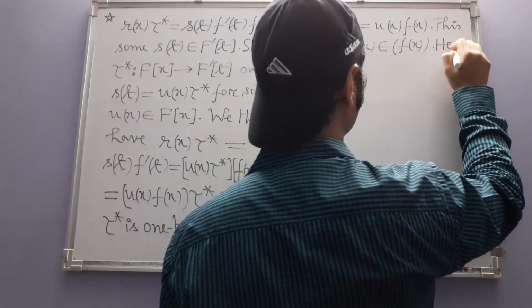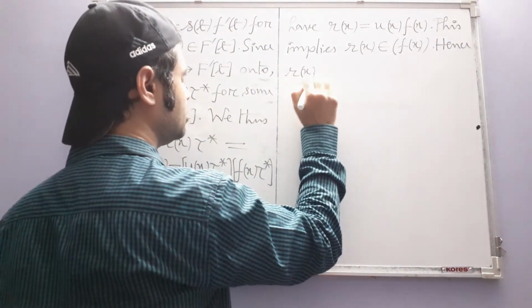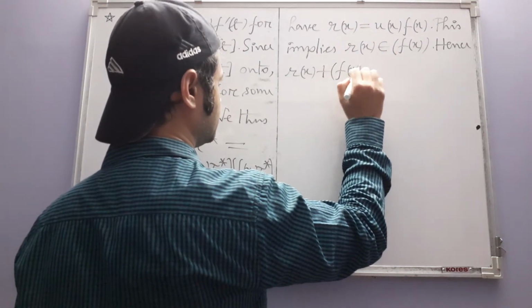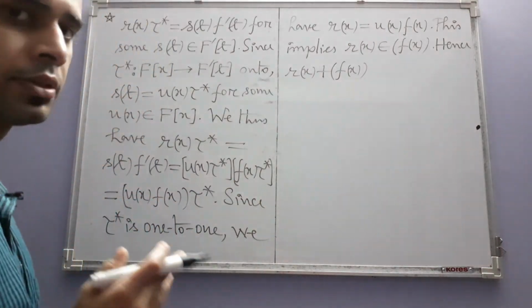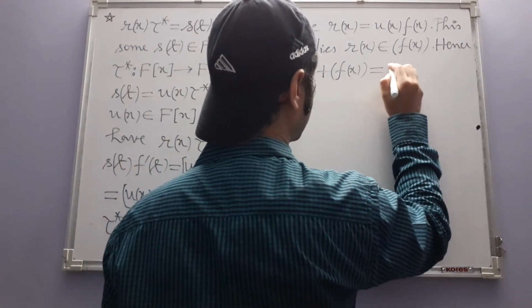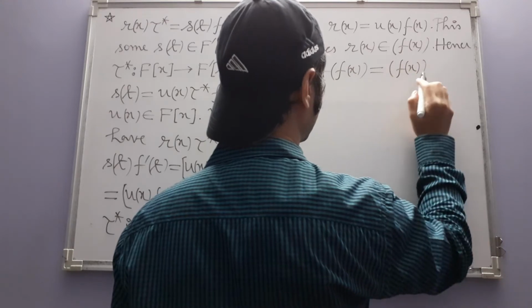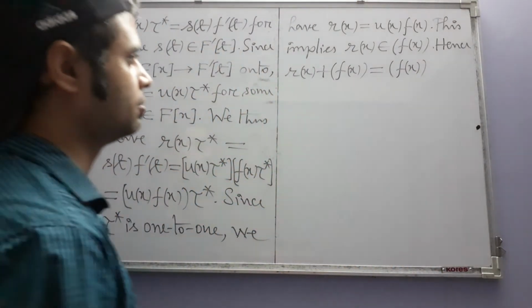Hence, the original element, that is this coset, which we consider to be any element in the kernel of tau double star, has turned out to be the zero element of our domain quotient ring, and that's what we wanted to show.